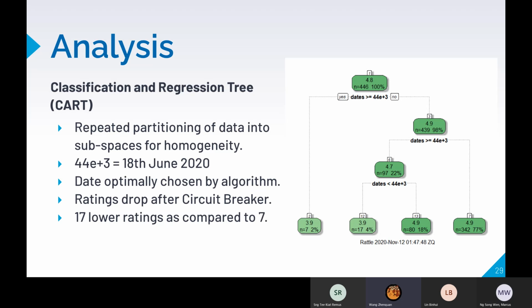Here, the date was automatically chosen by the algorithm to be 18th June 2020. We can see that the ratings have dropped after circuit breaker. There are 17 lower ratings after circuit breaker as compared to 7 lower ratings before circuit breaker.